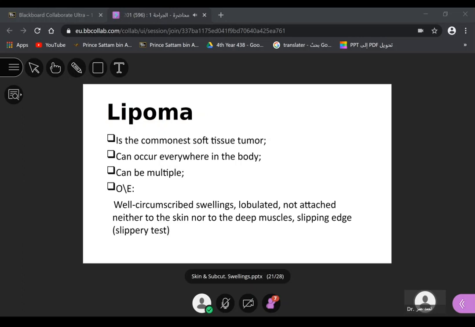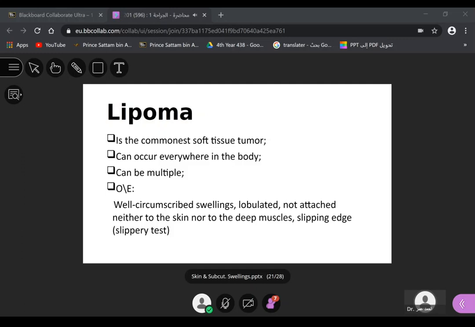It feels like there are multiple septi crossing the swelling and giving rise to the sensation of multiple lobules. So you feel it as lobulated.